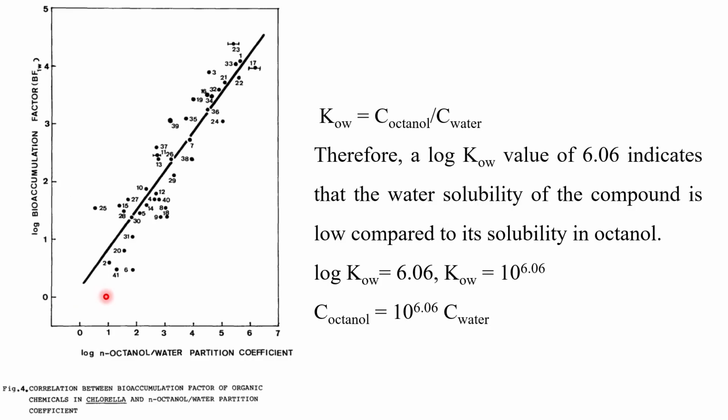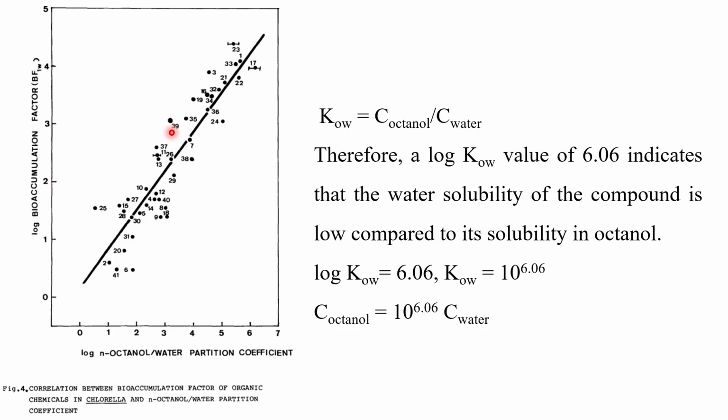So if you see in this graph why this KOW value is important: depending on the log of the octanol water partition coefficient, log of KOW, we can determine the log of the bioaccumulation factor.